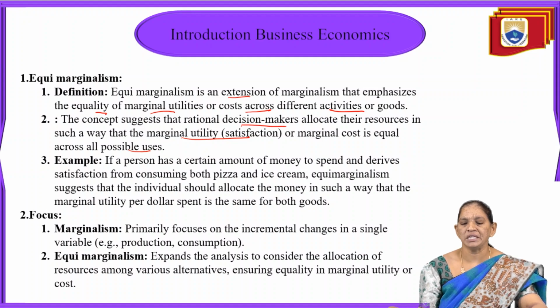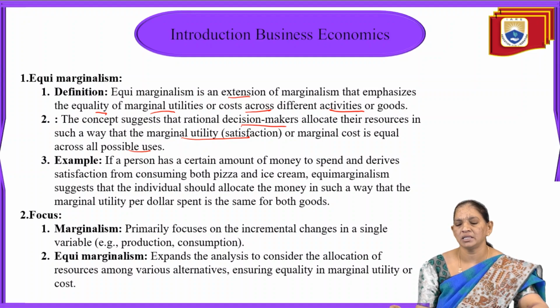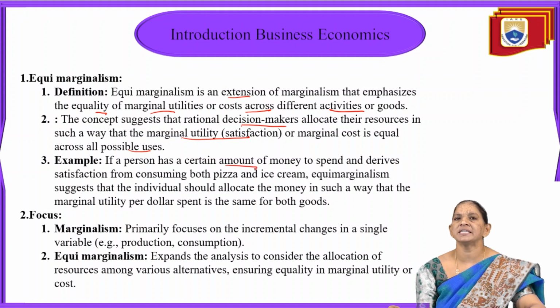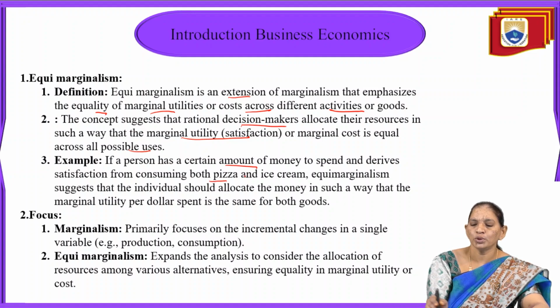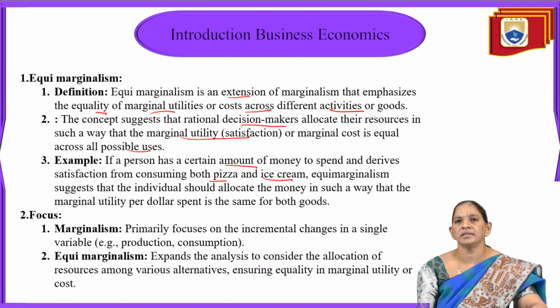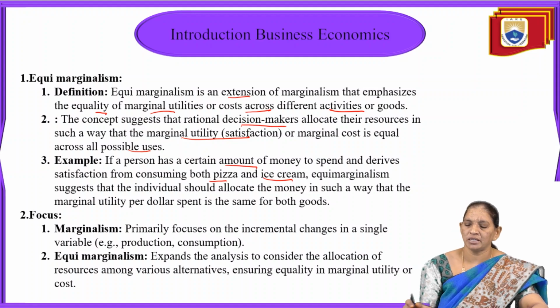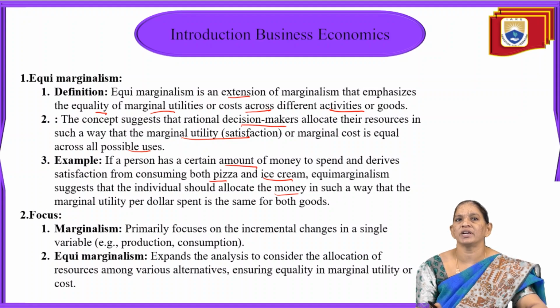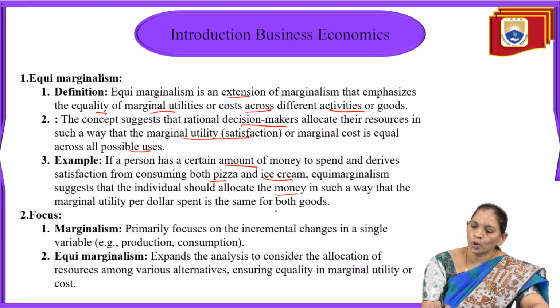The example for equi-marginal utility is that we can spend a certain amount of money to derive satisfaction from two items. Maybe we'll take food items, where a person wants to spend on consuming both pizza and ice cream. Here equi-marginal utility suggests that every individual should allocate the money in such a way that the individual gets maximum satisfaction from spending money on both goods.